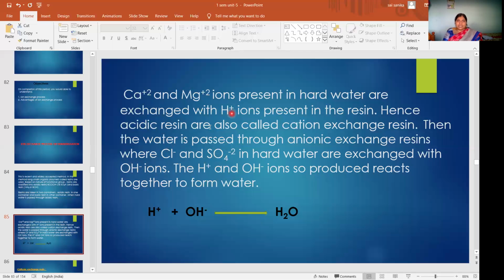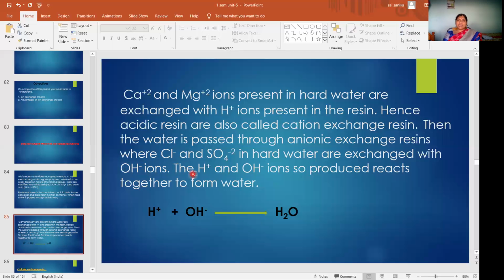So the acidic resin takes cations and liberates H plus ions, whereas the basic resin will take Cl minus and SO4 minus 2 ions, that is anions, and liberate OH minus ions. That's why this basic resin is also called anion exchange resin.